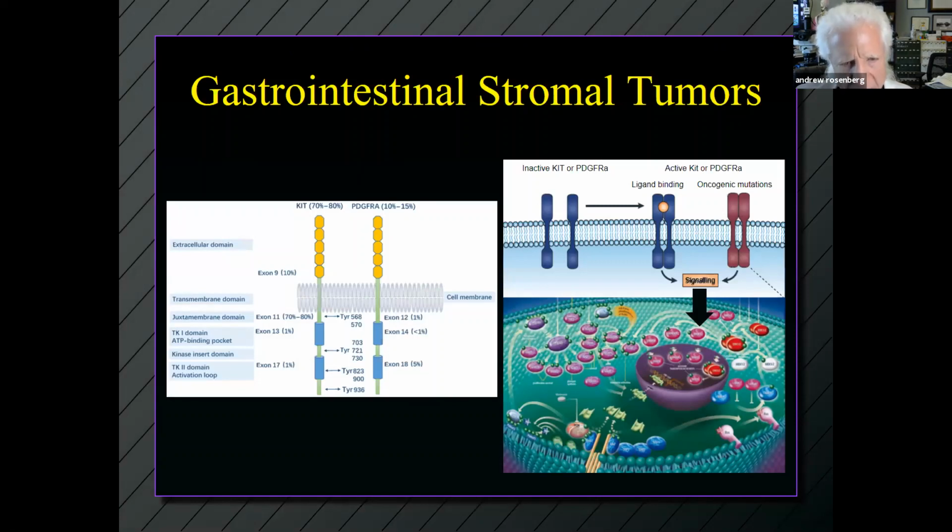So normally, in a cell, we have two c-KIT molecules, and they are waiting to be stimulated by binding to another protein. When the binding occurs, the molecule is activated. The mutation in GIST results in automatic binding of the two c-KIT molecules such that they are always active.